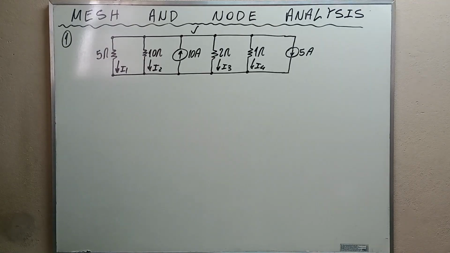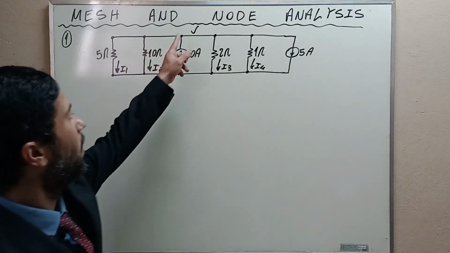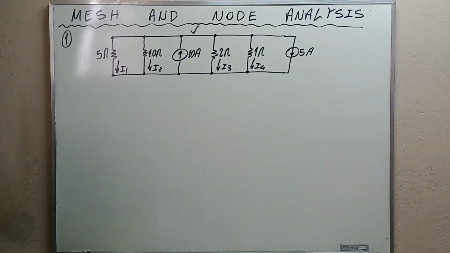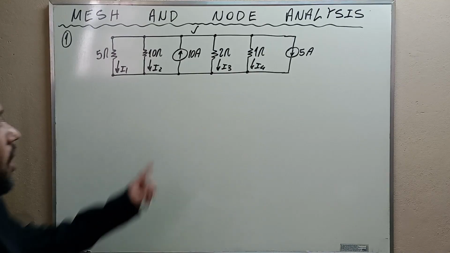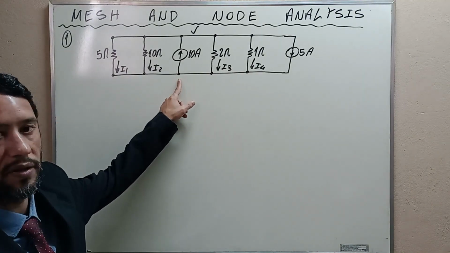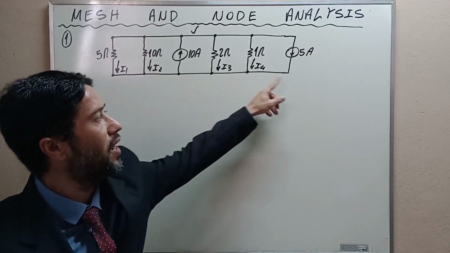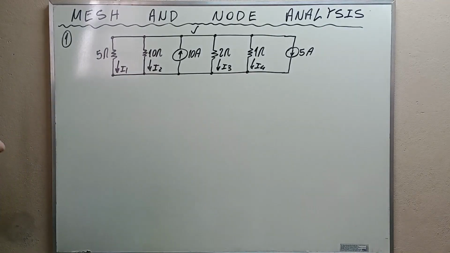After that, we are going to use Kirchhoff's current law to find the value of the voltage at the upper node. Alright, my friends? Observe that the sum of the currents that enter the node has to be equal to the sum of the currents that leave the node.